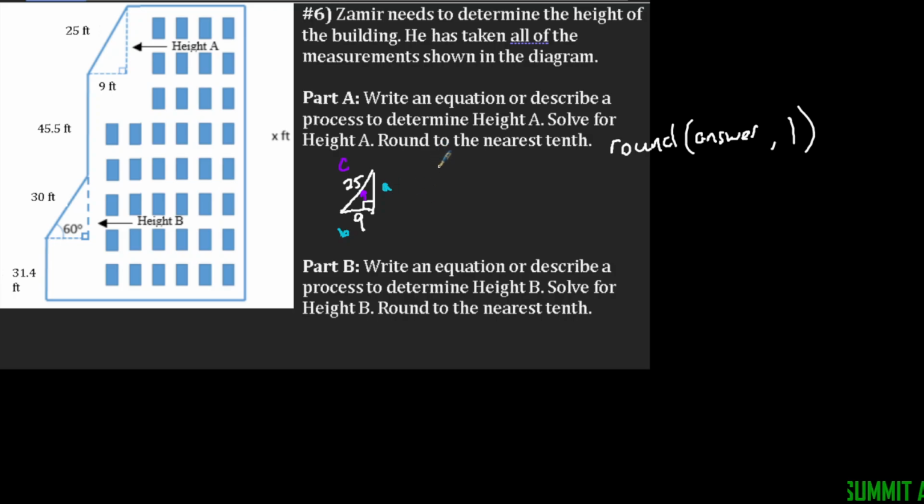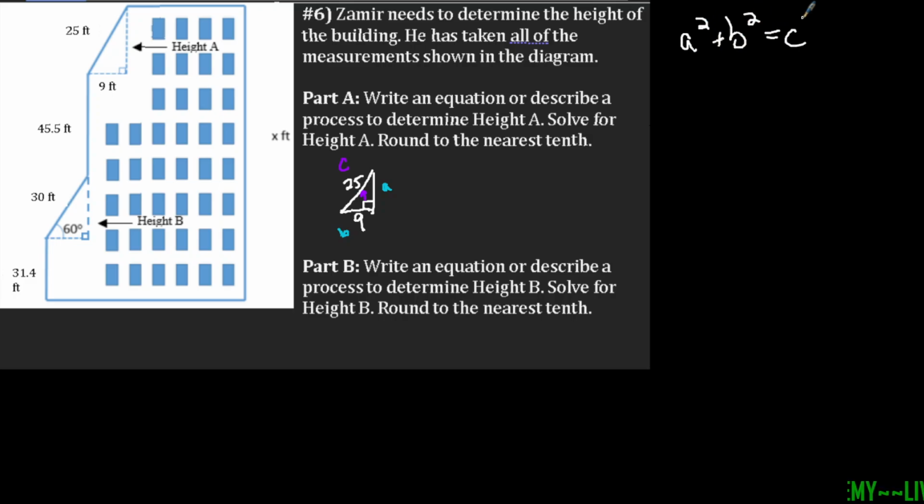All right, so I use my Pythagorean theorem. Let me actually get rid of this so I have more space to write. I have a squared plus b squared equals c squared. Okay, plug in my values. I don't know what a is, that's what I'm solving for. B squared is 9 squared, and c squared is 25 squared.